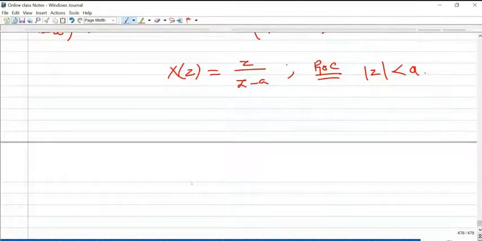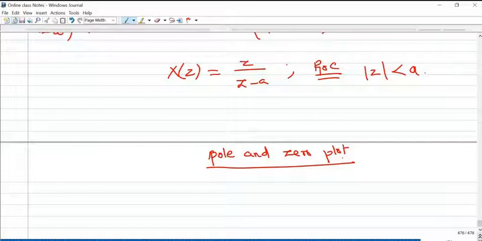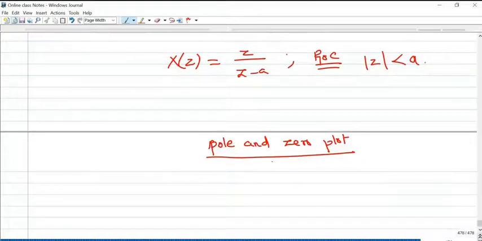Now plot your region of convergence. Pole zero plot. Okay. Z divided by Z minus A. Factorize the numerator and equate to 0. So here Z only available, Z equal to 0.